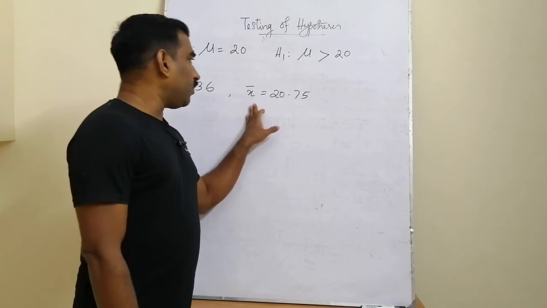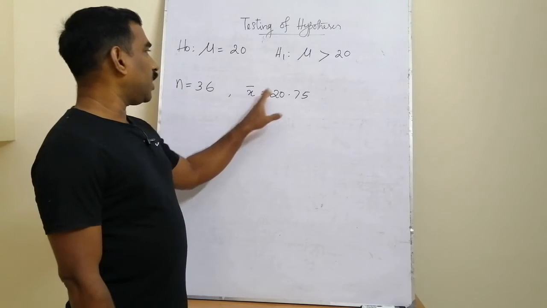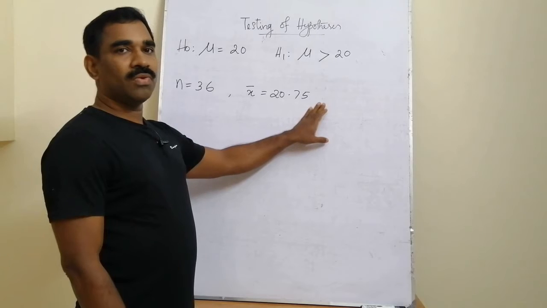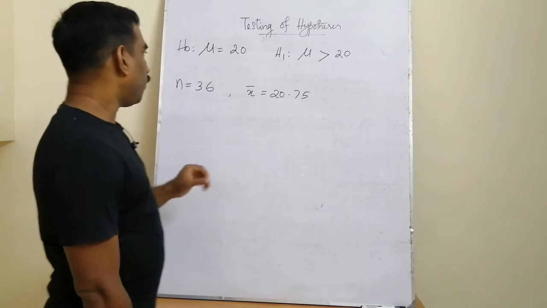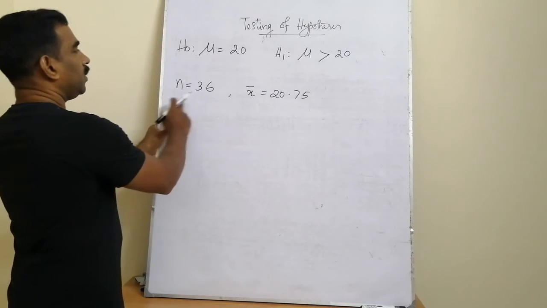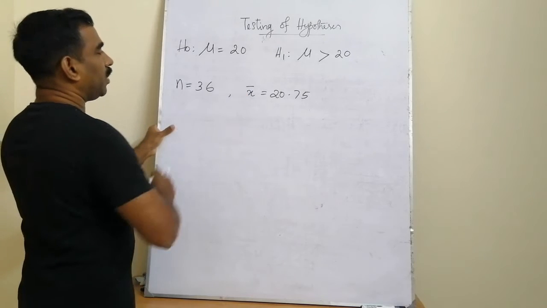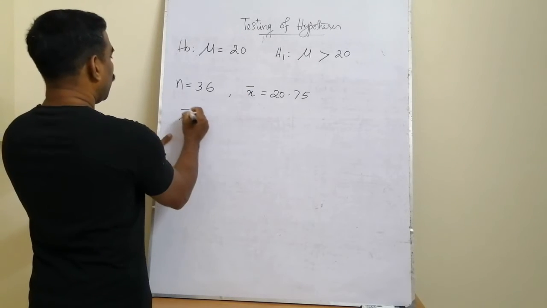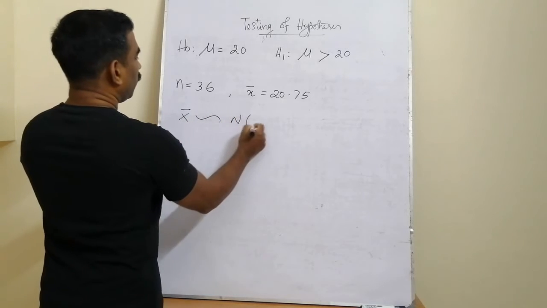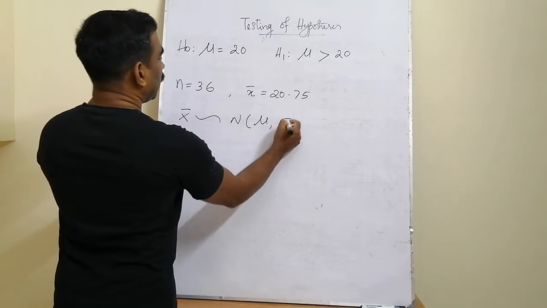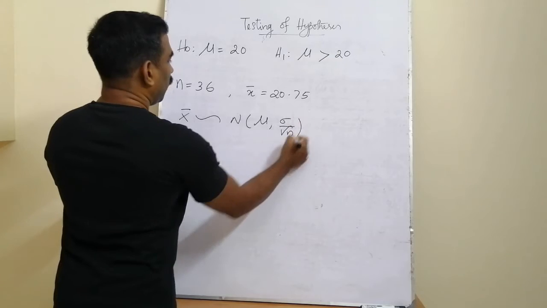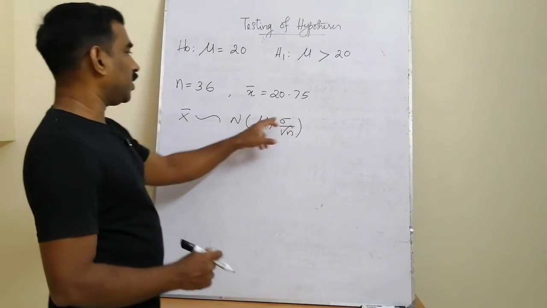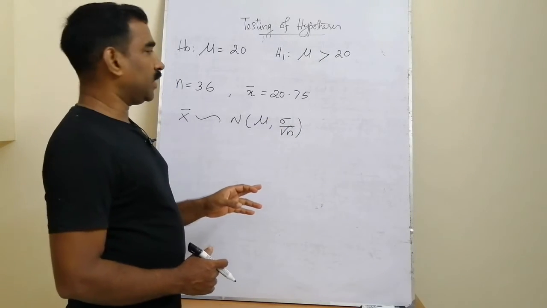In our decision, we are investigating what is the probability or what is the chance of occurrence of error in our decision. For that, we are discussing the distribution given by this statistic, the sample mean, and we know that this sample mean x bar follows normal distribution with the parameters mu and sigma by root n, where mu is the population mean and sigma is the population standard deviation.